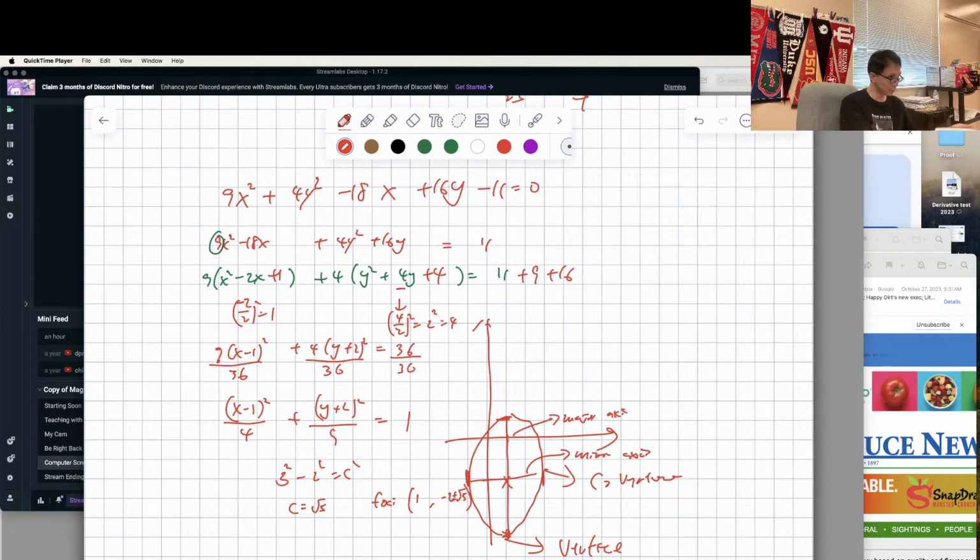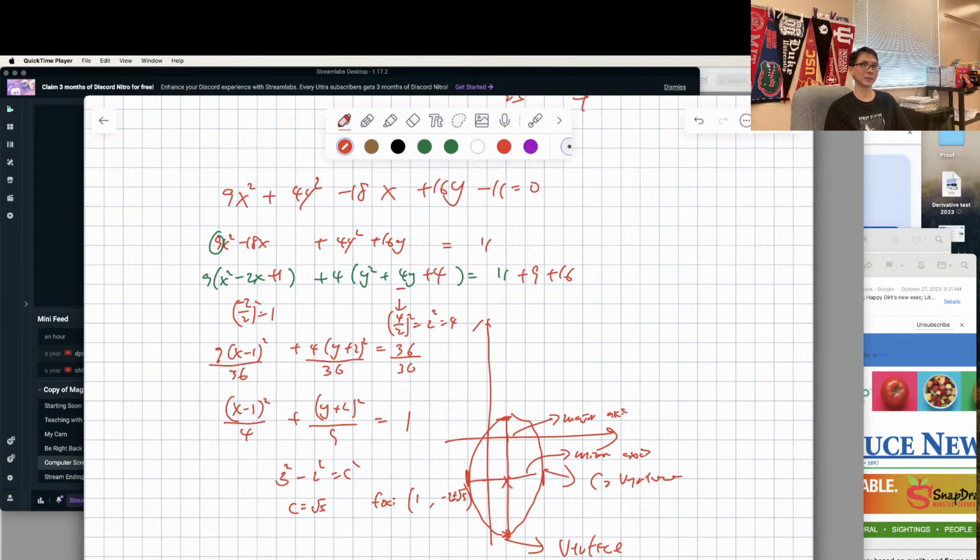I got (x minus 2) squared over 25 plus (y plus 1) squared over 9 equals 1. So the bottom is a nice number, 25 and 9. That should be fine. And your focus should be square root 11 plus or minus away from the center.